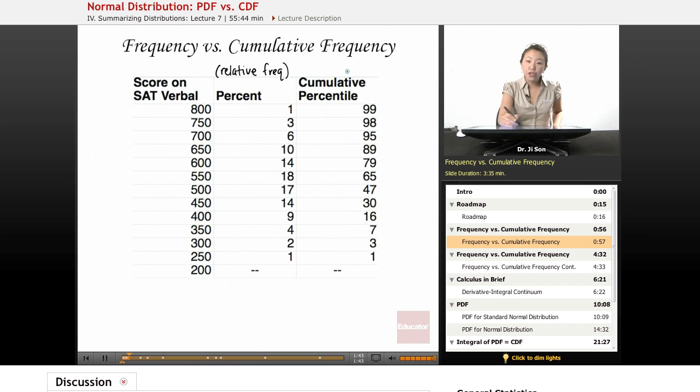Now when we talk about cumulative percentile, what we're really talking about is not just the people who have achieved that value, but an accumulation of everybody who has come before it. So let's start off at the bottom. Here, only 1% of the population has achieved 250 points. I think that's like one of the minimum or something. But 3% have achieved 300 or below.